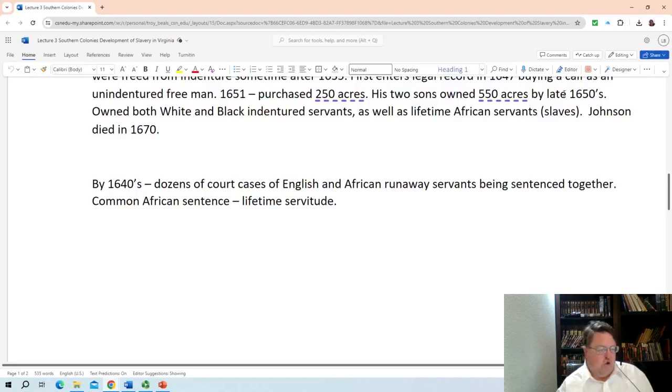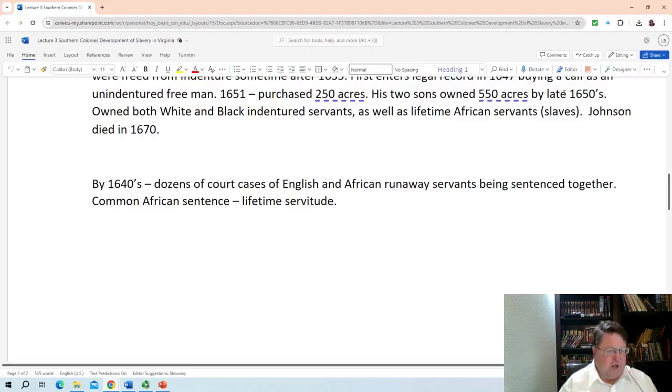Historians note that is an obvious trend. European indentured servants, 99% of the time, are sentenced to a term of 5 to 10 years; in other words, they're going to be freed eventually. The most common sentence for African runaway indentured servants is lifetime servitude. And that's interesting for historians.